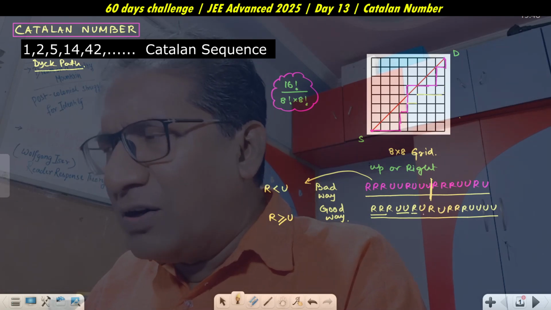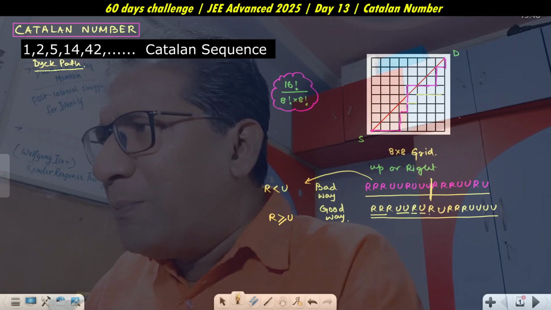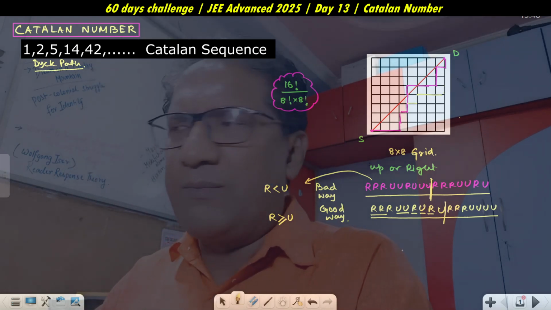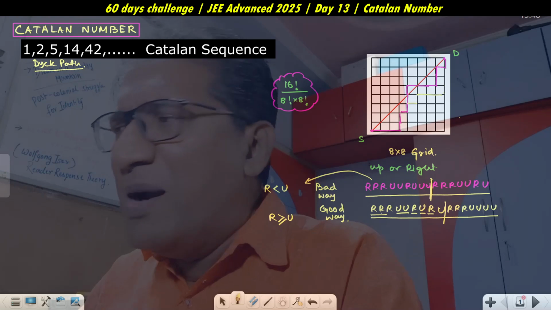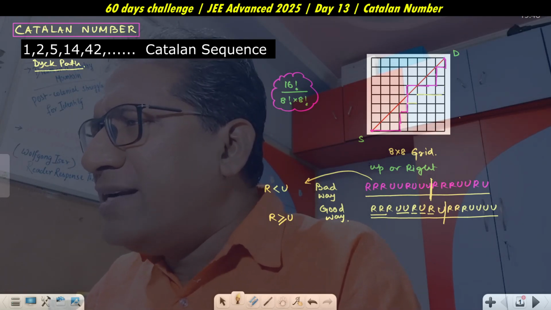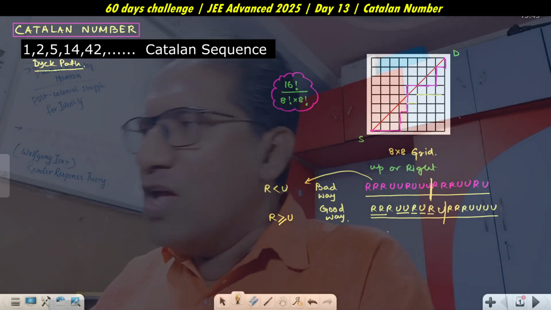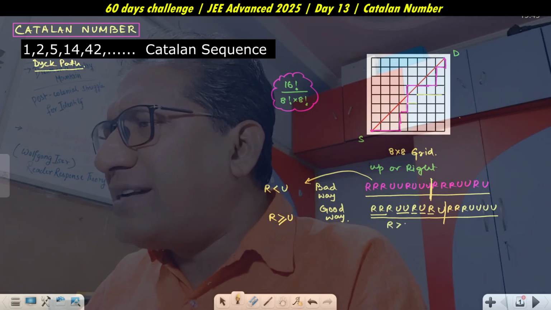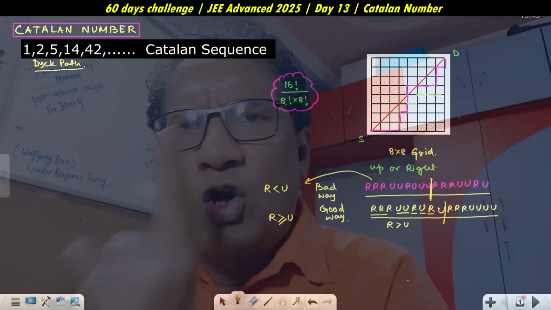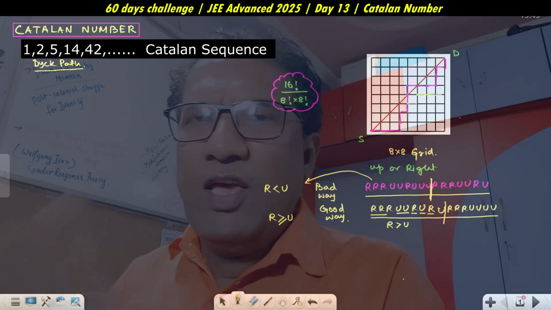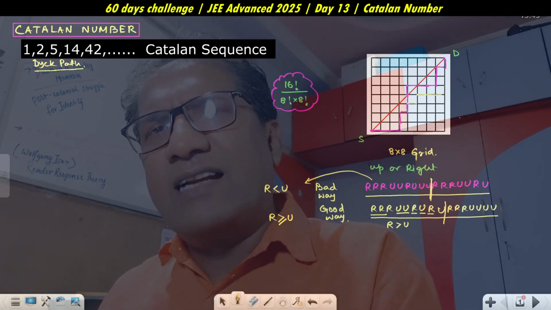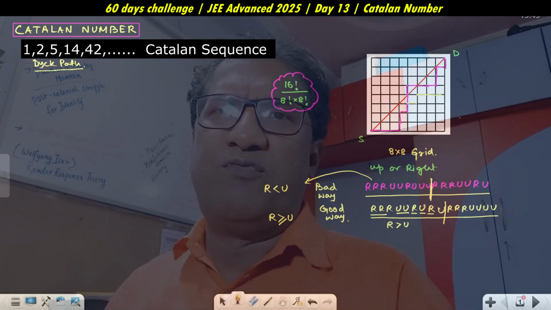Then again, right, then up, right. Suppose if I put a bar sign over here. Now see, how many right movements are there? 1, 2, 3, 4, 5 right movements. Up movements, 1, 2, 3 and 4. So your right movement is greater than the up movement. Yes or no? Everywhere for a good path, your right movement will always be greater than or equal to the up movement.